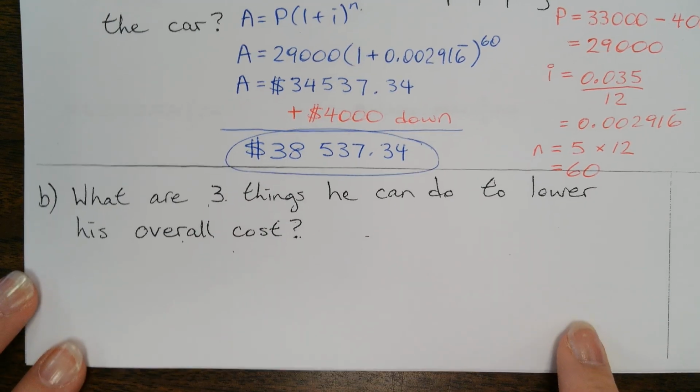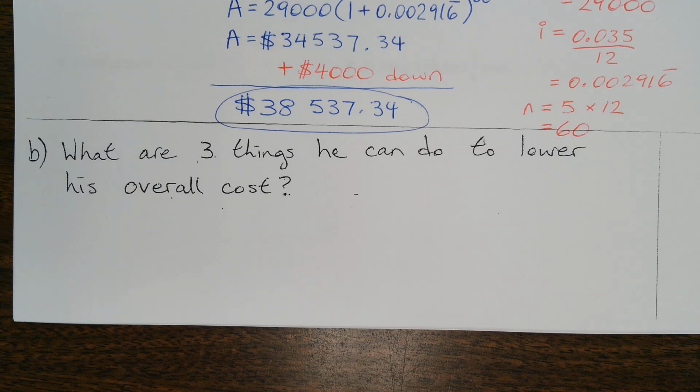Okay, so what are 3 things he can do to lower his overall costs? So how can he avoid this $5,500 extra? Do you think that's a lot? 5,500 extra? Who says yes, that's a lot? Who says no? Okay, I want everyone to vote for this one. So he paid an extra 5,500 for the 5 years to get the car. So who says yes, that's reasonable, that's good?